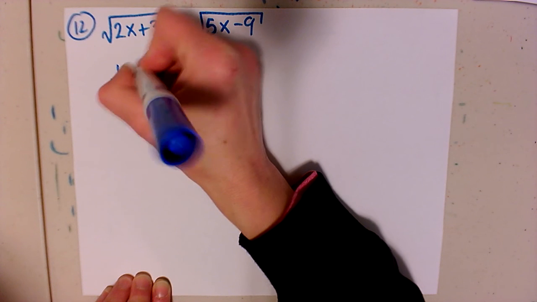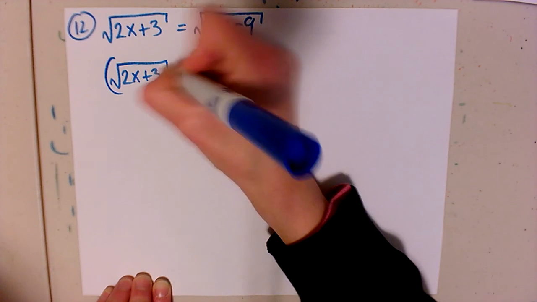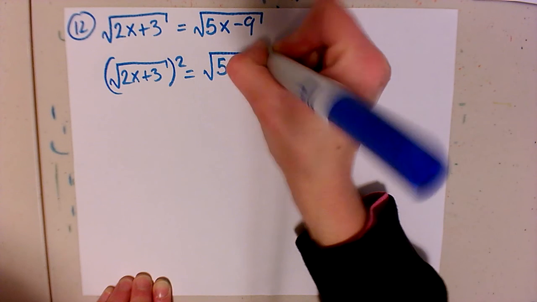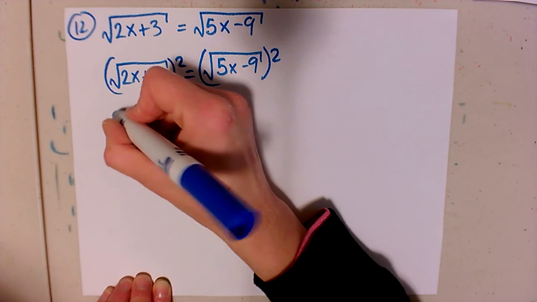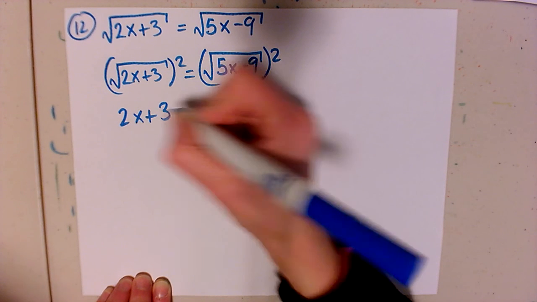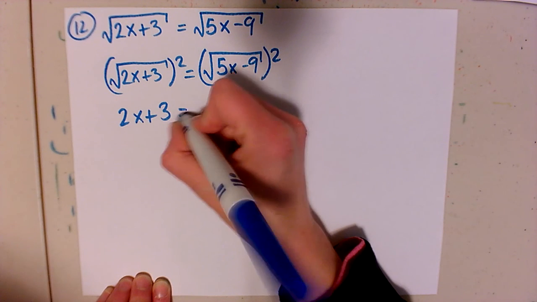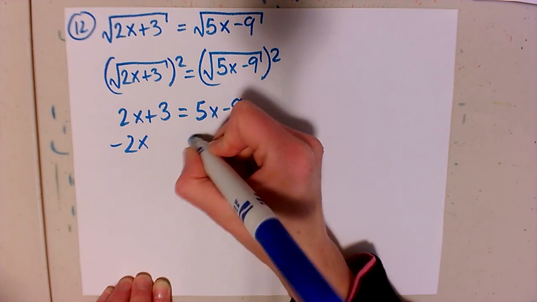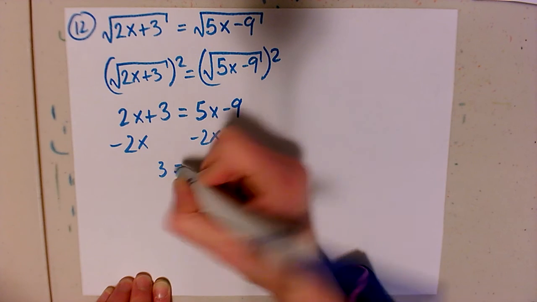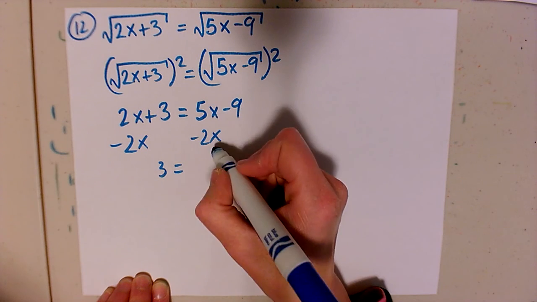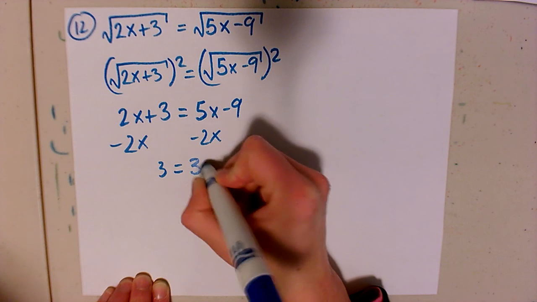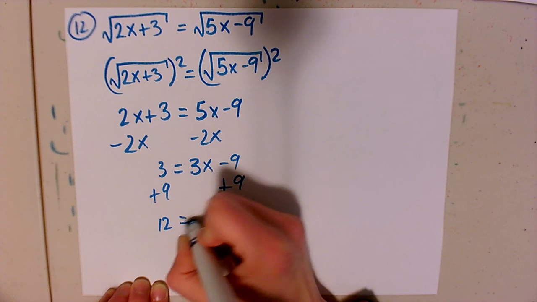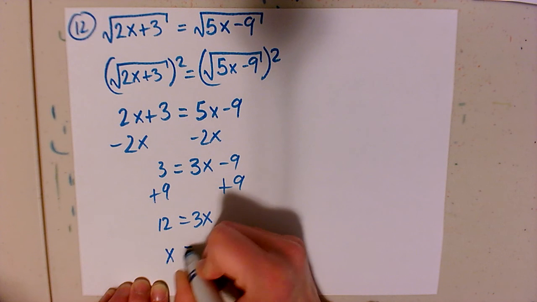So again, we'll go ahead and square both sides, and that'll cancel our square roots. So we'll have 2x plus 3 equals 5x minus 9, and now we just want to get x by itself. So let's see, subtract 2x, 5 minus 2, we'll get 3x minus 9, add 9, 12 is 3x, so then x is 4.